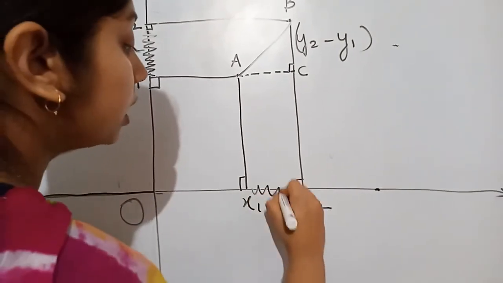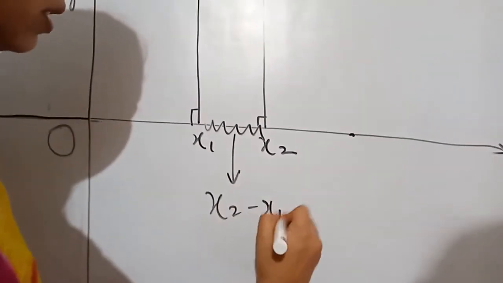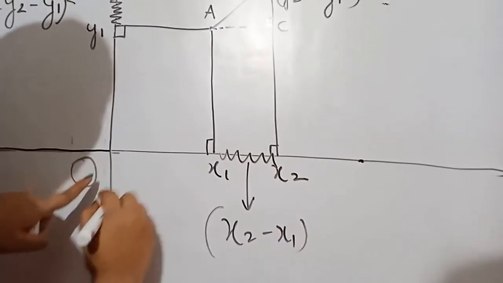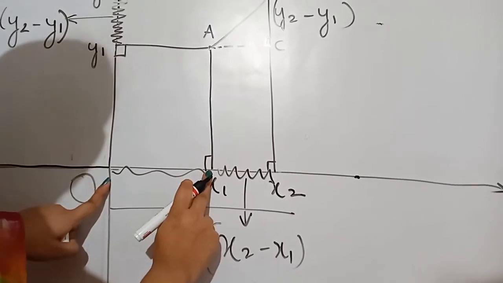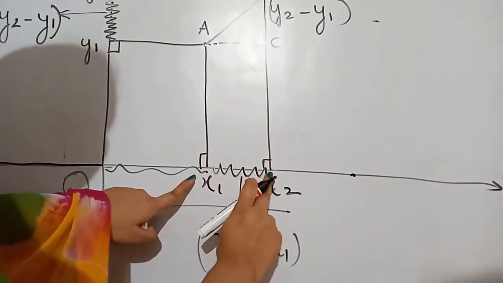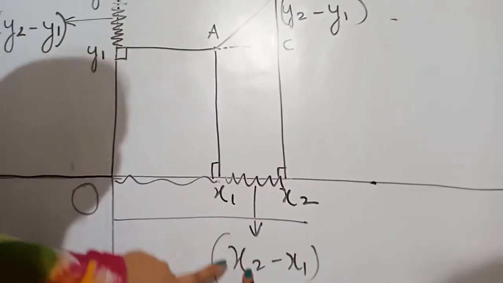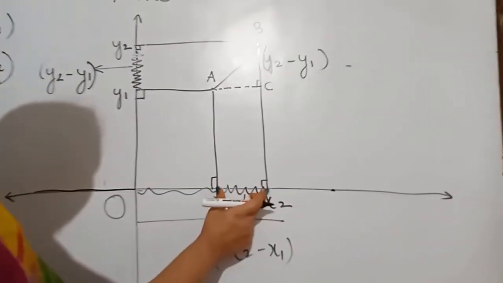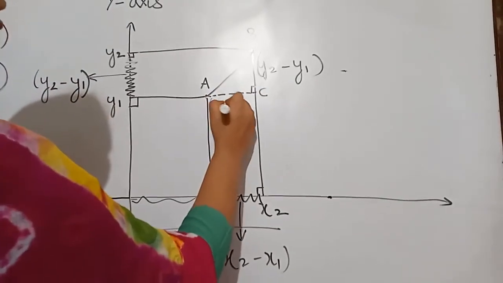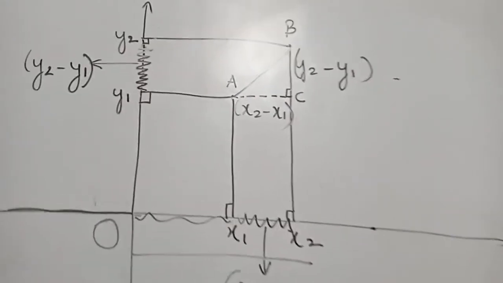So this particular length will be x2 minus x1. This whole is x2 and this particular part is x1. So the length of this particular part will be x2 minus x1. Now if this is x2 minus x1, this will also be x2 minus x1, isn't it?